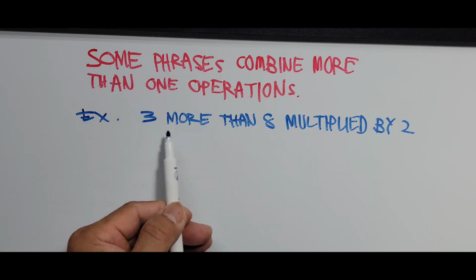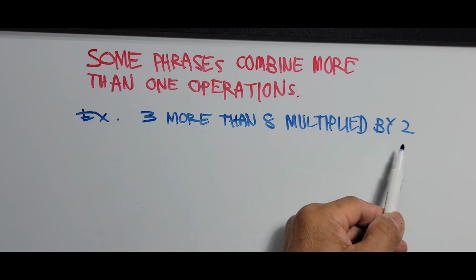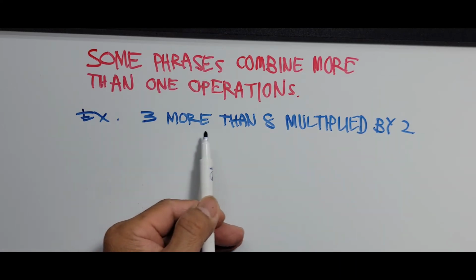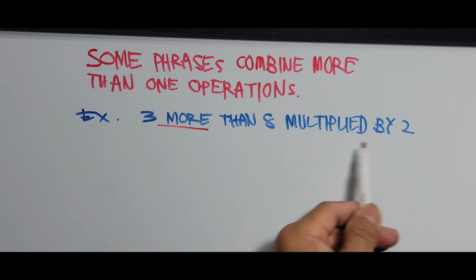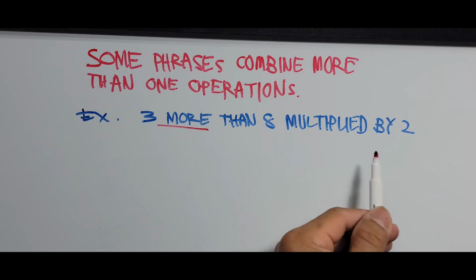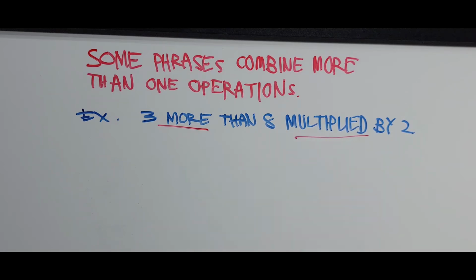So 3 more than 8 multiplied by 2. That's a phrase that's involving more than one operation. So what are the operations? So more than signals what? Addition, and then what's multiplied by? Of course, it's straightforward. You're multiplying something, right? So that's multiplication and addition. So how would you write that down as a numerical expression? So 3 more than 8 multiplied by 2.